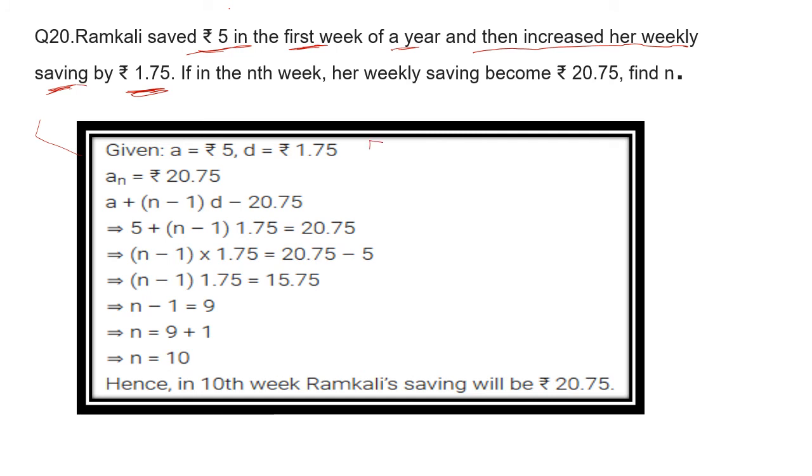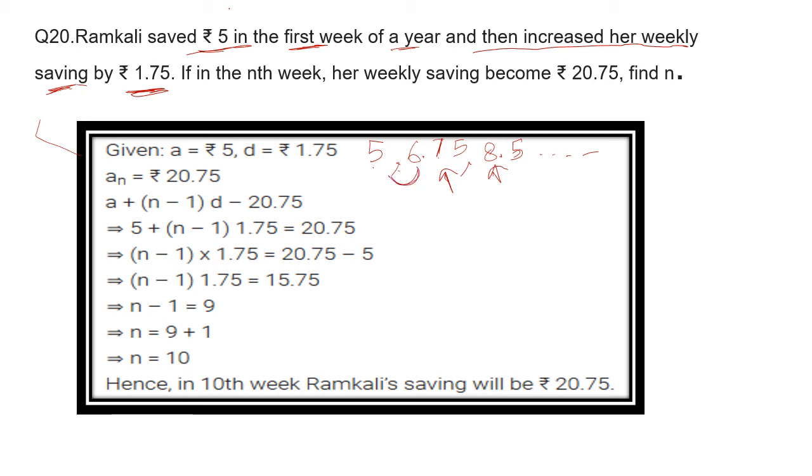That is, if in the first week she has saved 5 rupees, in the second week she must be saving 6.75, adding 1.75 to 5 rupees, and then in the next week she must be saving 8.5 rupees, and so on.